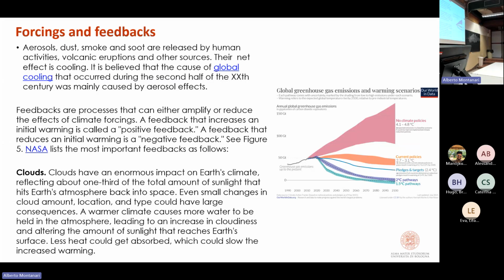So these are the future emission scenarios, and they are, of course, a fundamental driver. So when you hear about predictions of future climate scenarios, you will also listen to people mentioning the emission scenario that supported this prediction.